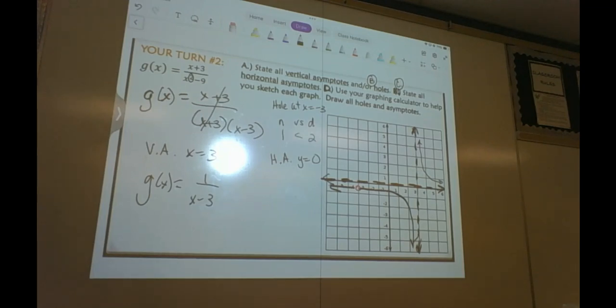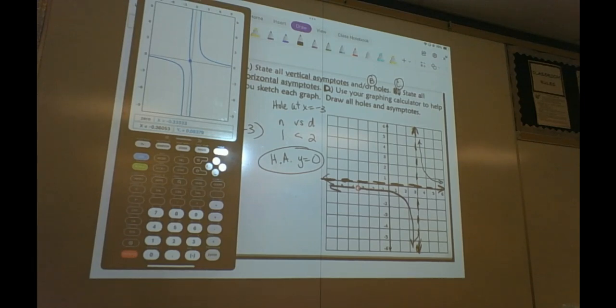So the numerator's degree is less than the denominator's degree, and our chart says that there's a horizontal asymptote at y equals 0 when that happens. If they're equal, then you need to do the coefficients over each other. But nice and easy.